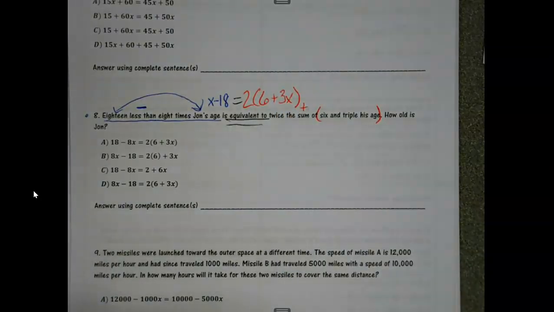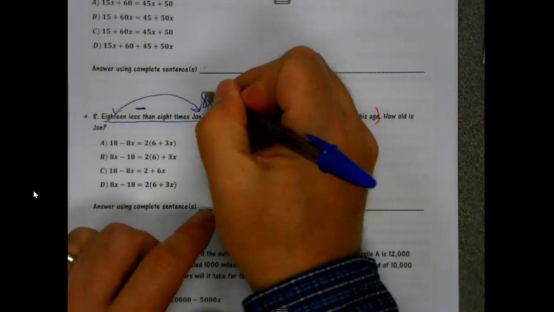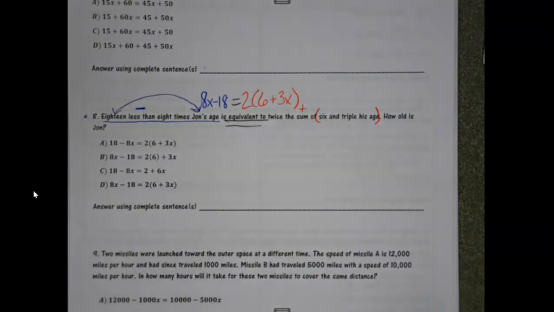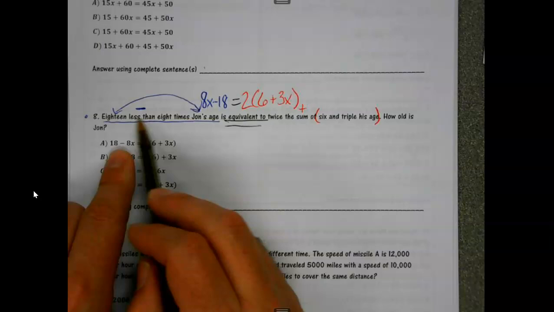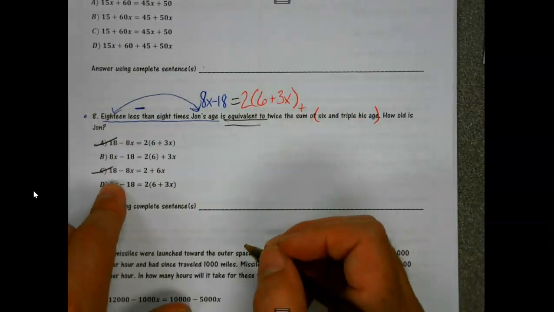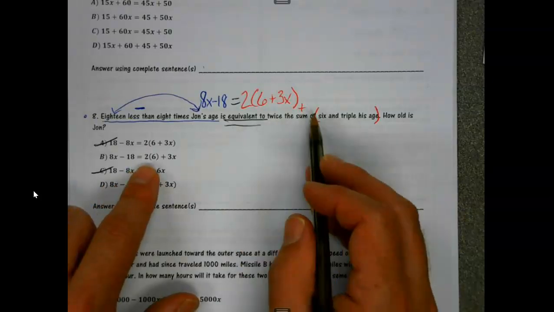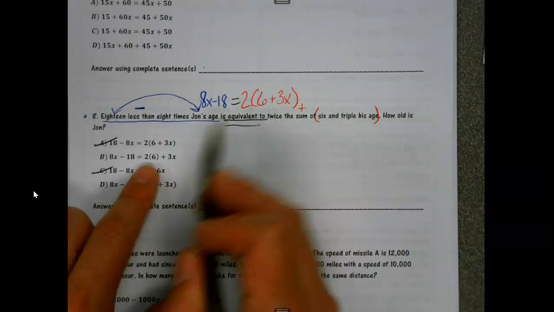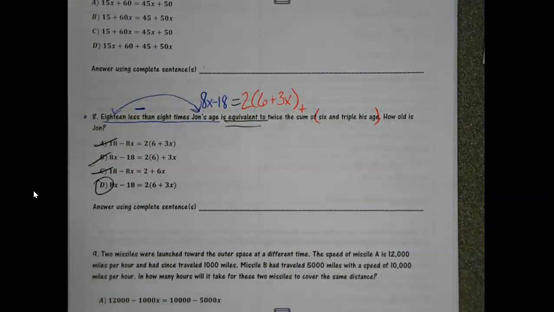Let's see. Did I just, oh my gosh, it's 8 times John's age. Somebody's probably yelling at me in class right now going, Hardy, you forgot the 8. You're right, I did. Oh, now see, the first person forgot the flipperoo. No good. And then here, it's twice the sum. It's twice this whole thing, not just twice the 6. So we've got that, and we're going to finish that off.